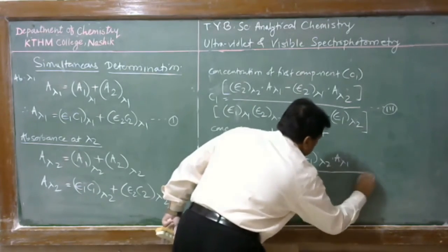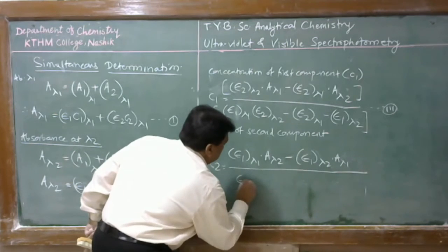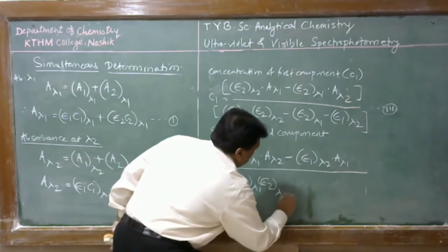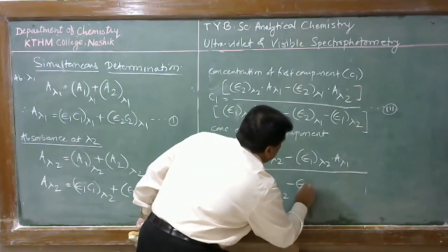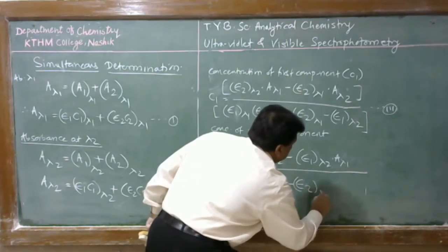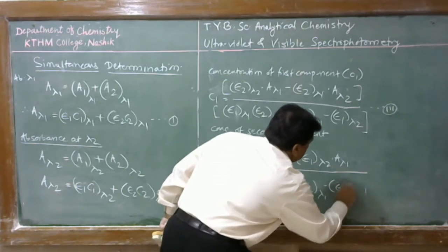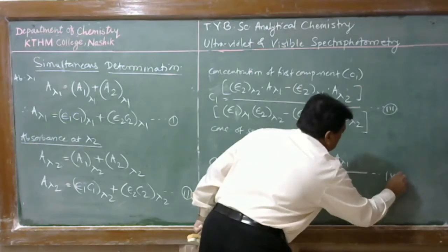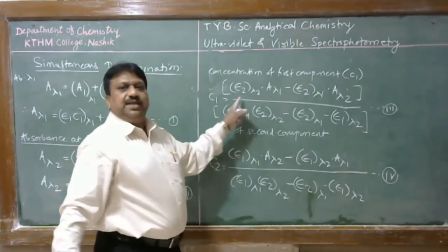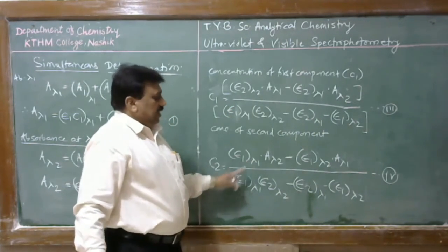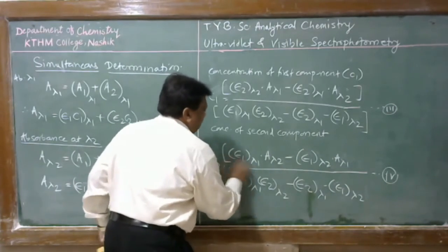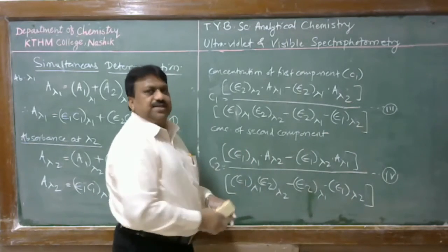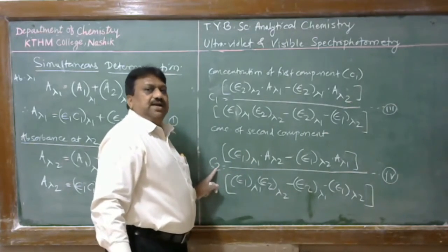The denominator values are the same, that is epsilon 1 at lambda 1 into epsilon 2 at lambda 2 minus epsilon 2 at lambda 1 into epsilon 1 at lambda 2. This is equation number 4. Therefore, equations number 3 and 4 can be utilized for simultaneous determination of the concentration of two components in the mixture as C1 and C2.